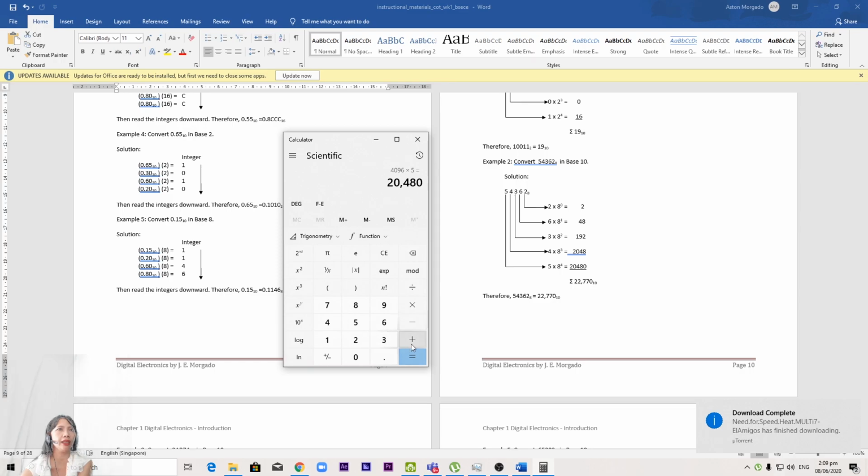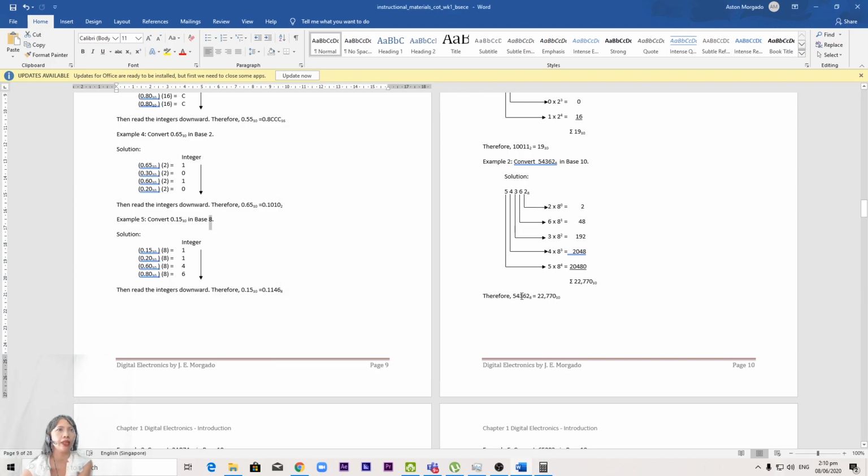Let's try. 20,480 plus 2048 plus 192 plus 48 plus 2 is 22,770 base 10. So therefore 54362 base 8 is actually equal to 22,770.